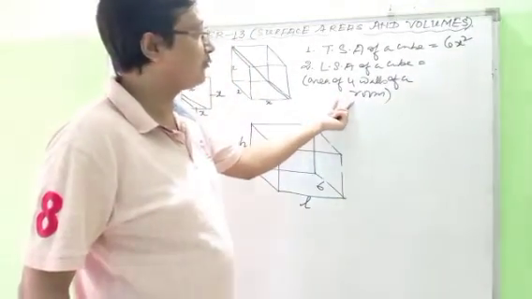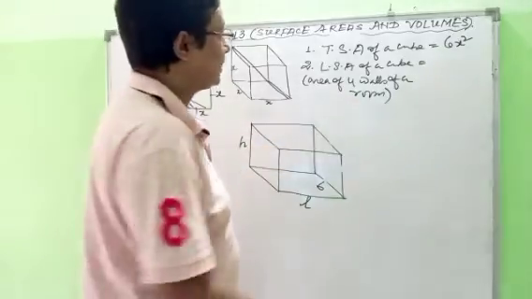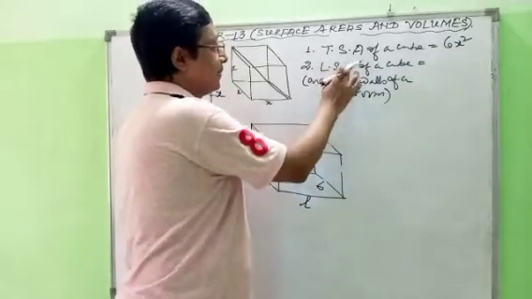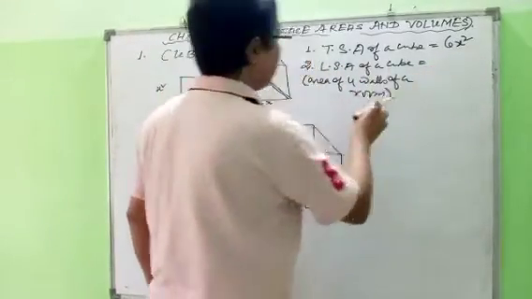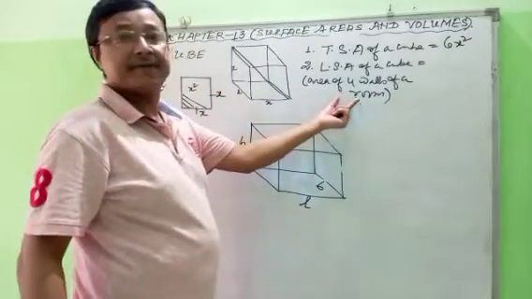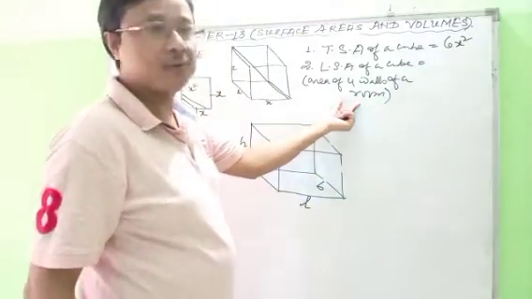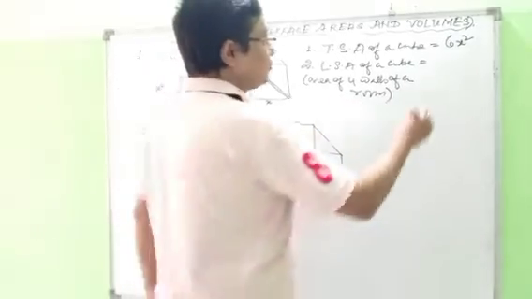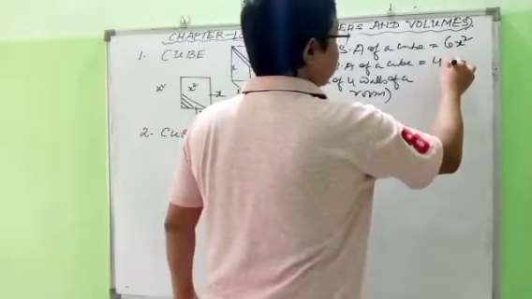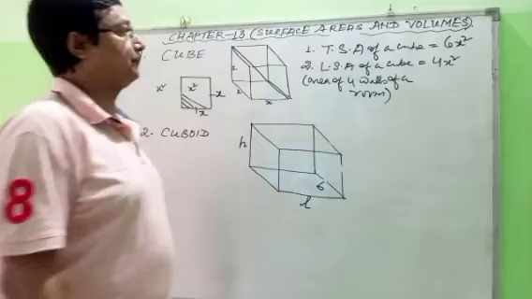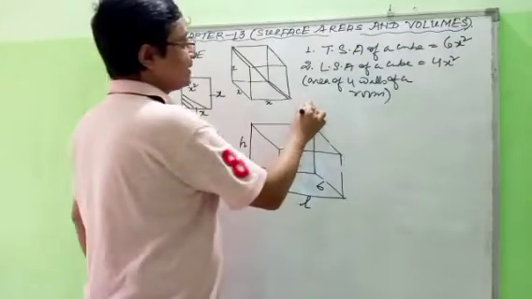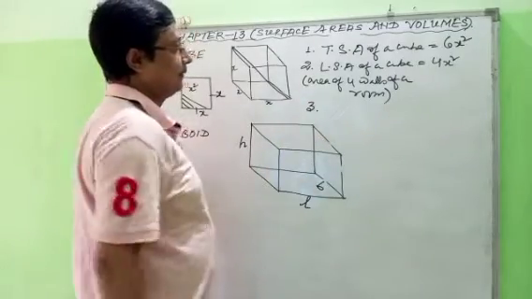You are just going to count the 4 walls. So that is called the lateral surface area. Now you have got here 4 faces. Each face will look like a square, so there will be 4 times. So 4 into x square, 4x square.